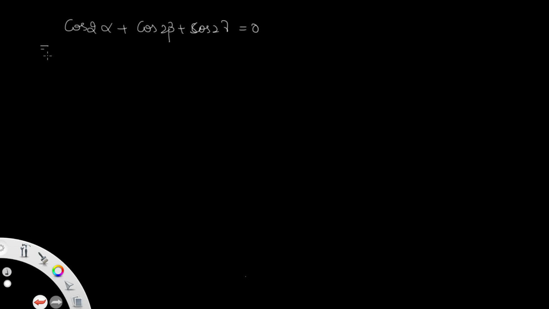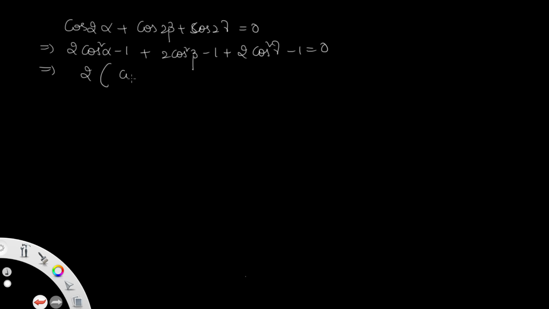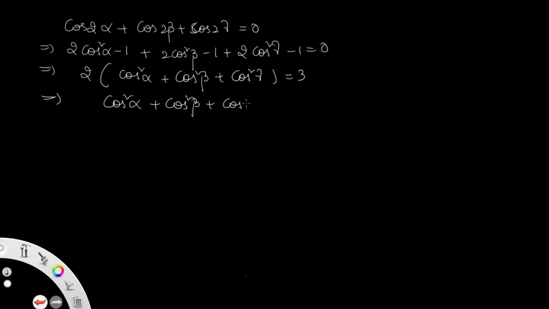Taking the 2 common, cos square alpha plus cos square beta plus cos square gamma equals 3 by 2. So this also proves the second part.